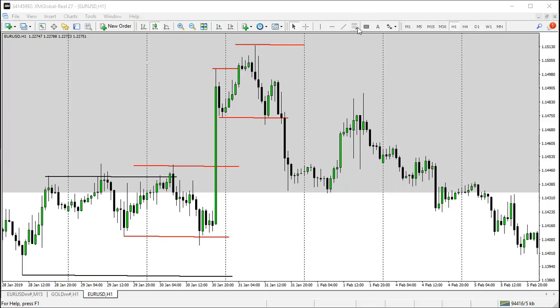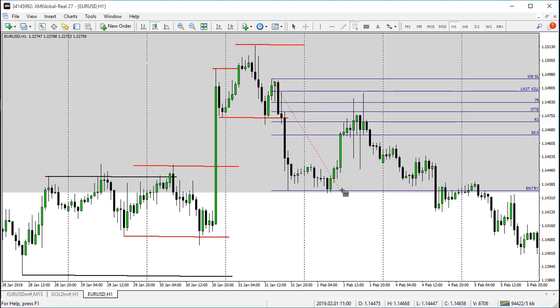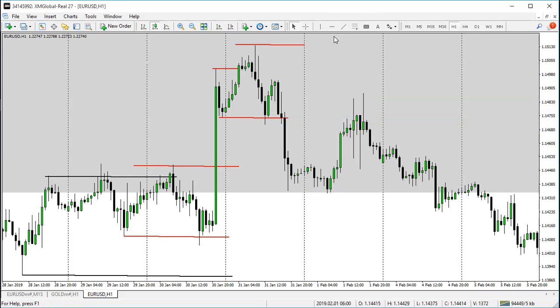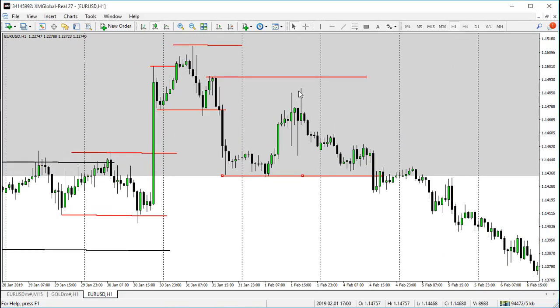If we take the Fibonacci from this high and this low, as you can see, we are in premium. That's premium. That was the lower high. So our structure was this high and this low. Okay. So we would have thought here in premium.